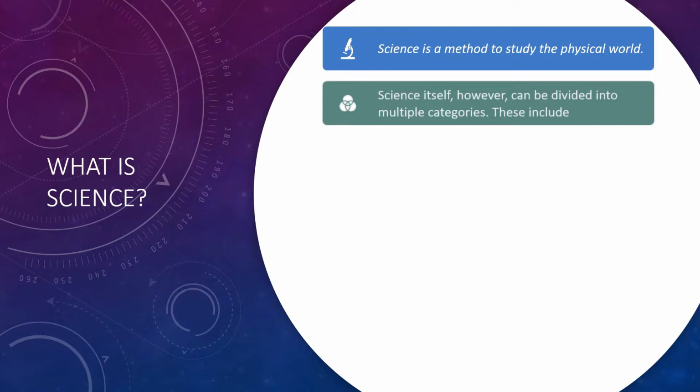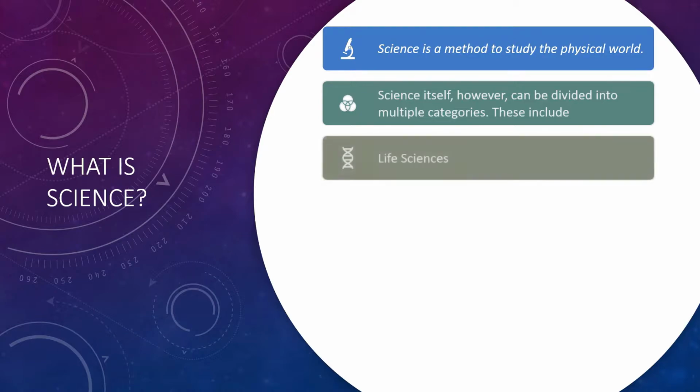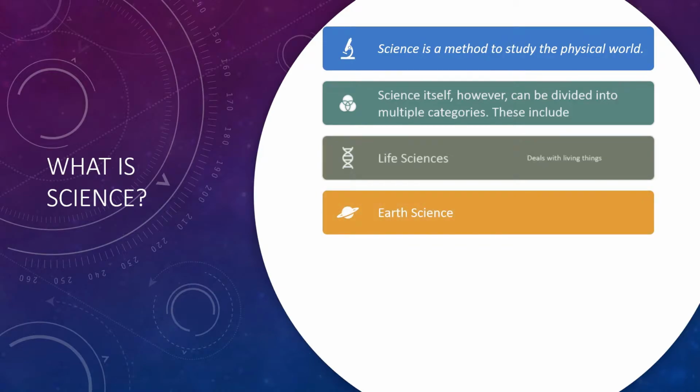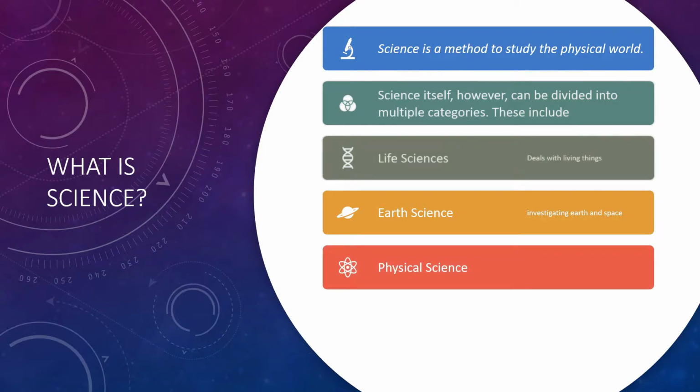A few of these really important categories include life sciences, which deal with all living things like plants, humans, insects, animals, whatnot. There's earth science, which has to do with everything that is on this planet Earth and around it. So space, the study of the universe, science does that. And then there's the physical aspect of it, which is to do with matter and energy.